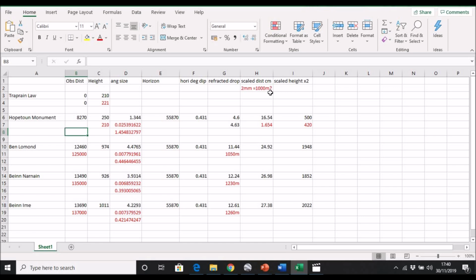If he was using that scale, then the scaled distance in centimeters would be correct for the three hills in the distance, the three mountains. But he has made a tenfold error in calculating the scale for the distance to the Hopeton Monument.